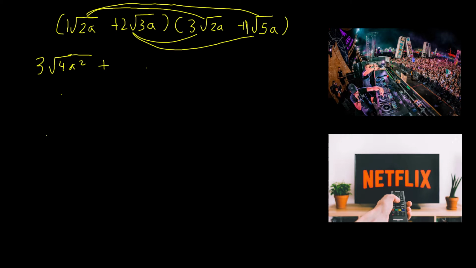Plus 1 times 1 is 1, 2a times 5a is 10a squared. Plus 2 times 3 is 6, 3a times 2a is 6a squared. Plus 2 times 1 is 2, 3a times 5a is 15a squared.